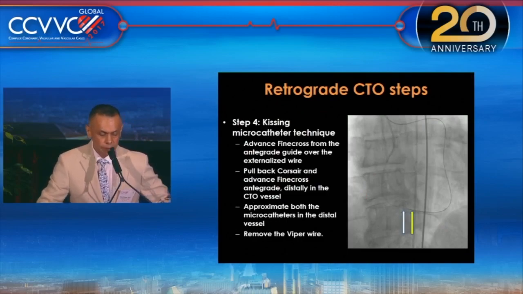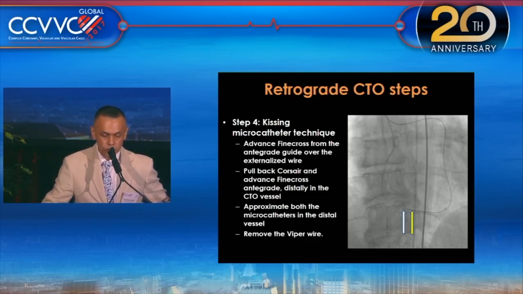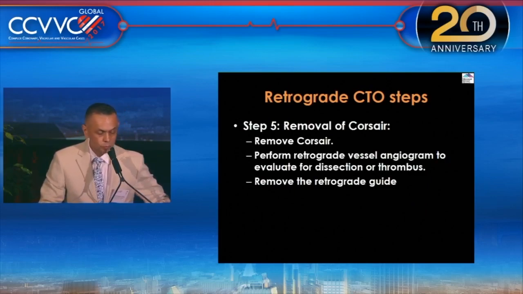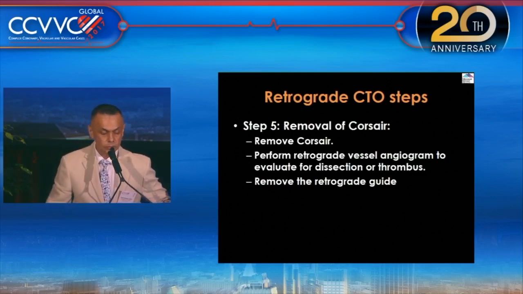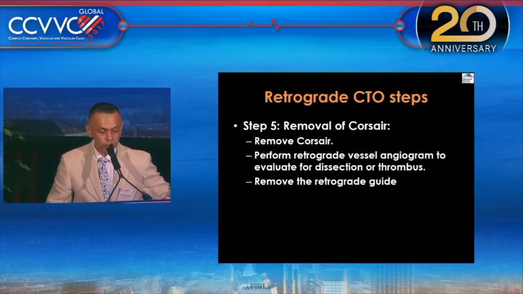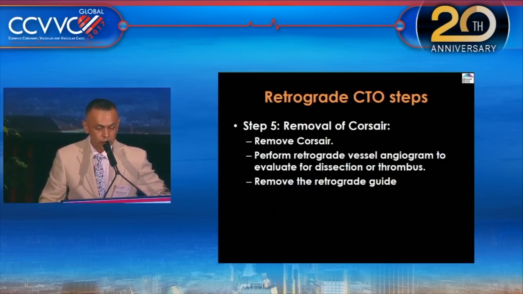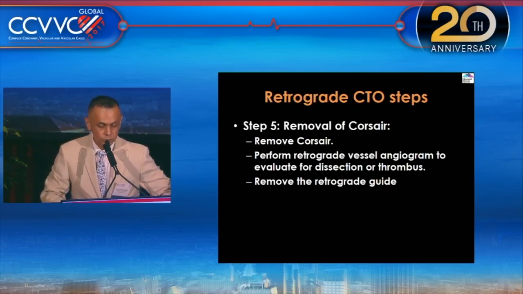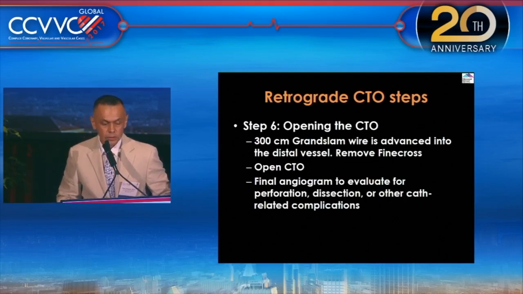Step number 4 is called the microcatheter technique, in which you have the Corsair on the right and the Fine Cross. You go antegrade, and they both meet here. At this point, you remove the Viper wire, you remove the Corsair, and you perform the retrograde vessel angiogram just to evaluate any dissection or thrombus, and then you remove the retrograde guide.